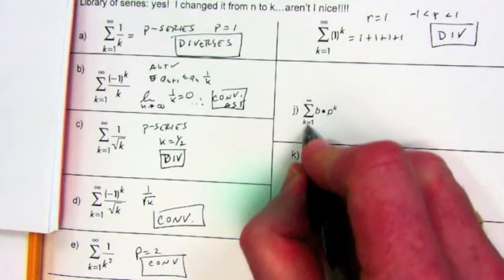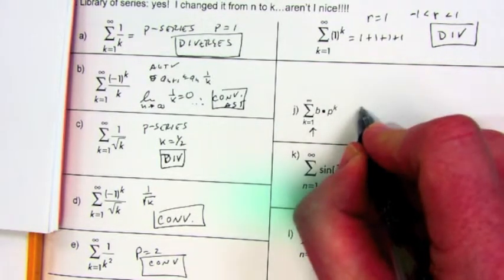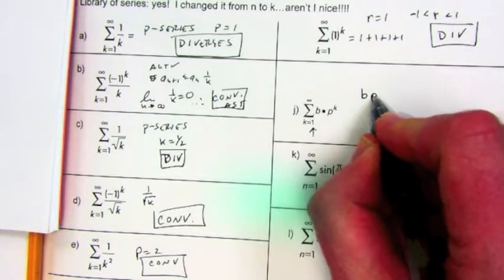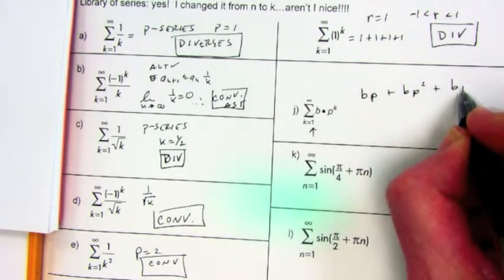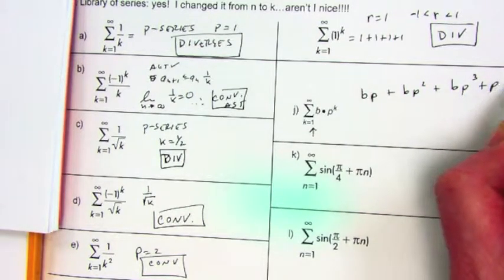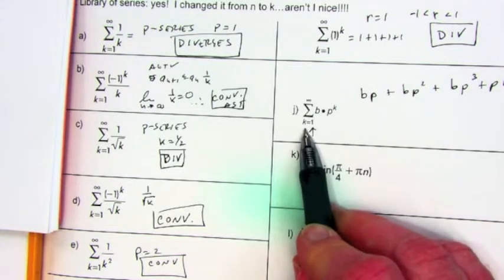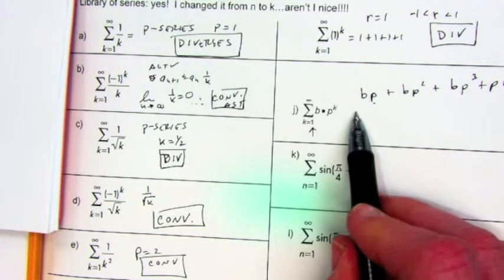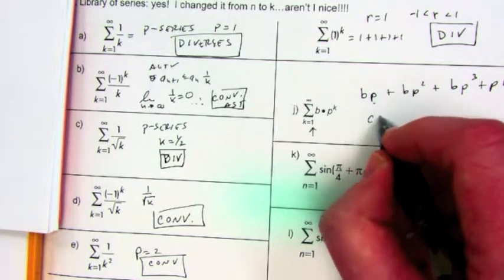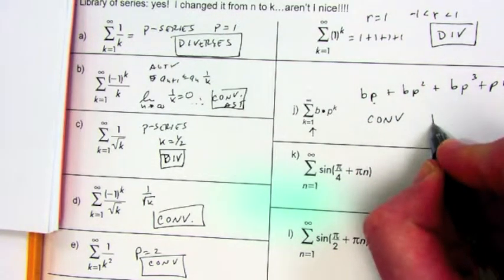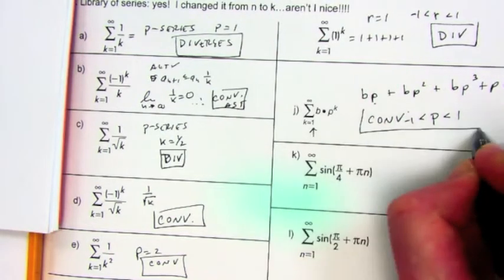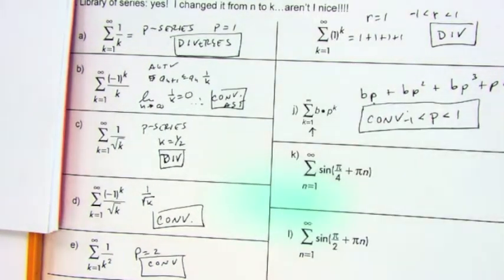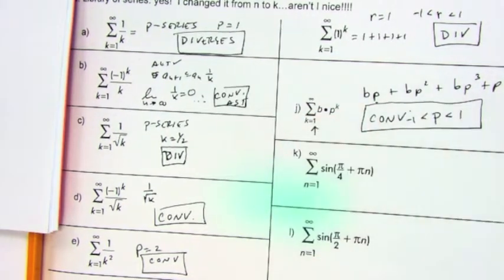Your first term, just so you know, would be b p. Your next one would be b p squared. Your next one would be b p cubed plus b p to the 4th. And by the way, because k is 1, that's your first term. Well, this is geometric, and this would only converge provided that p is between -1 and 1. So as long as p is between those two numbers, it would converge. It's just geometric using different letters.